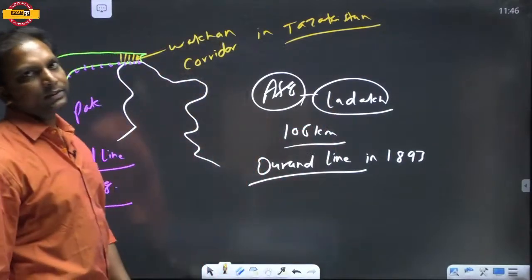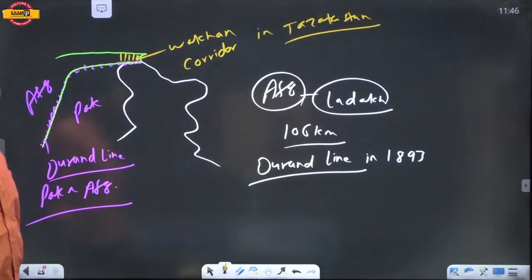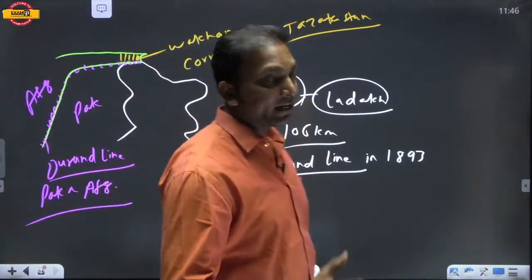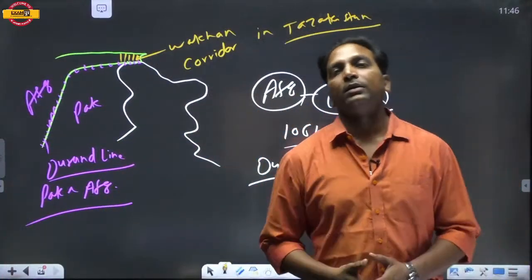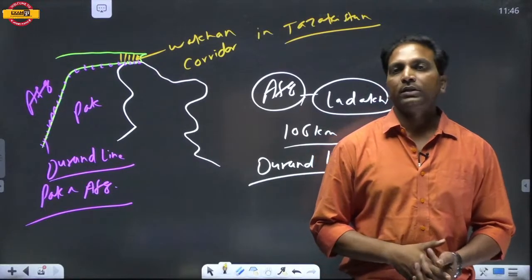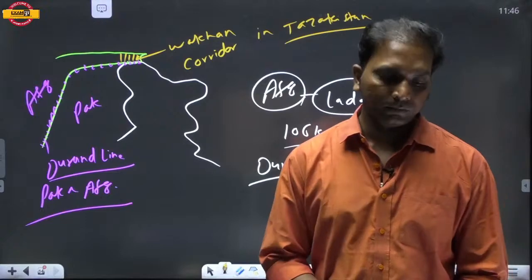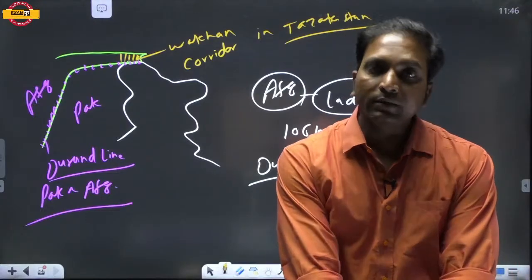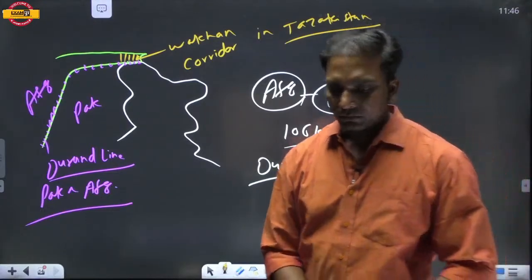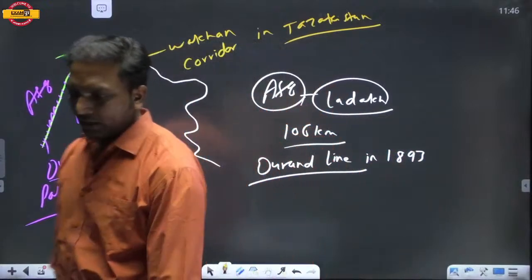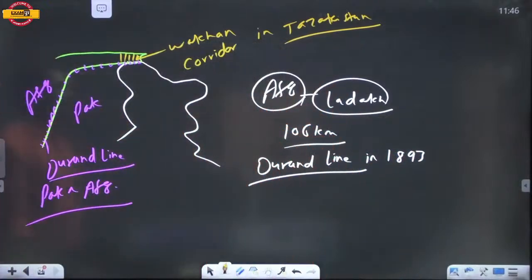Earlier it was the trijunction between the Russian kingdom, India and China. But in the recent scenario, it is a trijunction between Tajikistan, Pakistan and China. So this is the Wakhan corridor found in Tajikistan, the CIS countries.